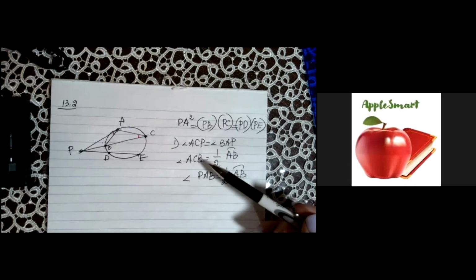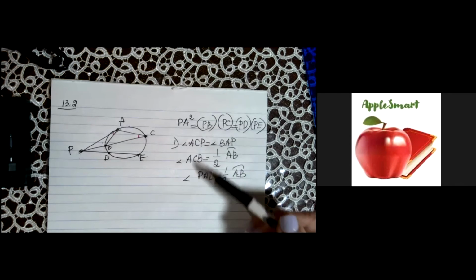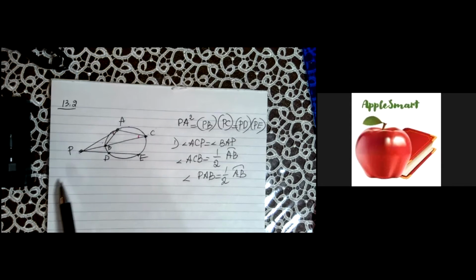So now these two angles are equal to half of the same arc, which means they're equal to each other. So now we proved that angle ACB is equal to angle BAP.